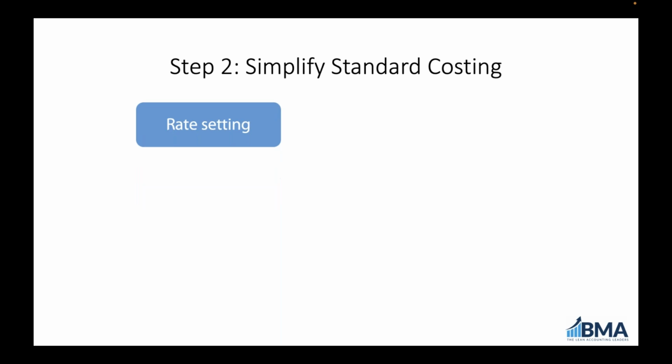So you can simplify rate setting and minimize your labor and overhead rates. You have one labor rate for an entire location, and one overhead rate. You would be surprised that the product cost numbers are not going to change that much. But again, you're not concerned about any individual product. You're concerned with the total valuation of inventory.